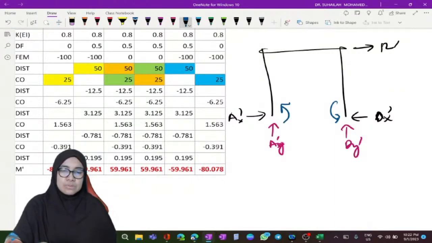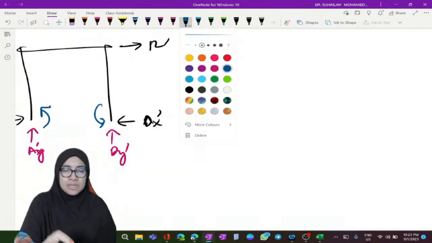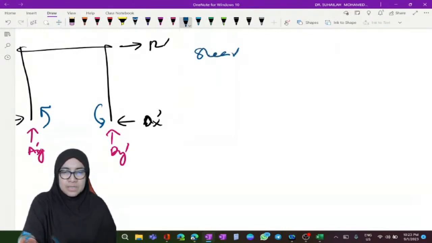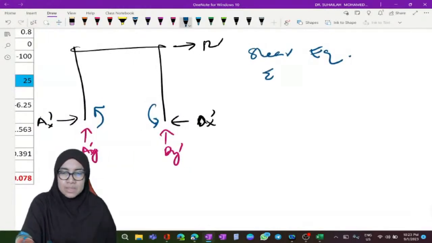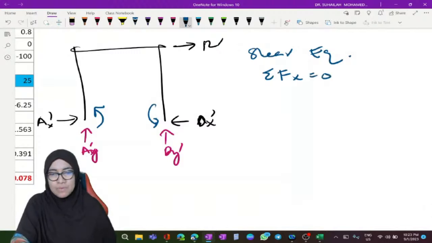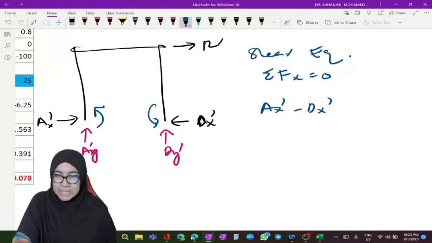From this we will write the shear equation. For the shear equation, we write total FX is equal to 0. So what we get is AX prime minus DX prime plus R equal to 0.